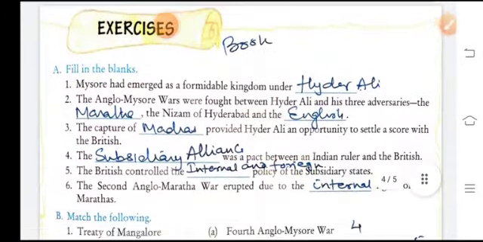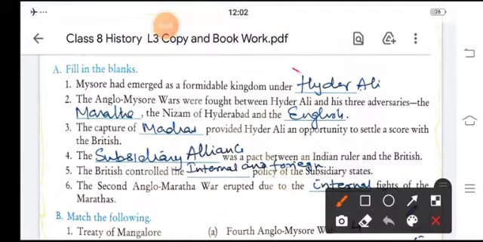Now, bookwork. First, Mysore had emerged as a formidable kingdom under Hyder Ali. Second, the Anglo-Mysore War was fought between Hyder Ali and three adversaries: the Marathas, the Nizam, and the English.